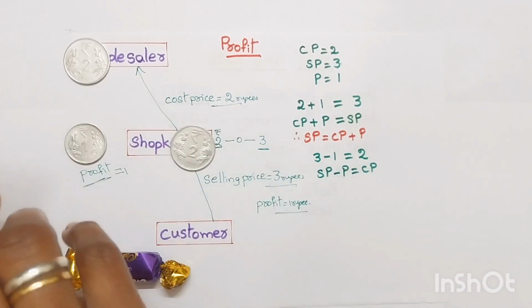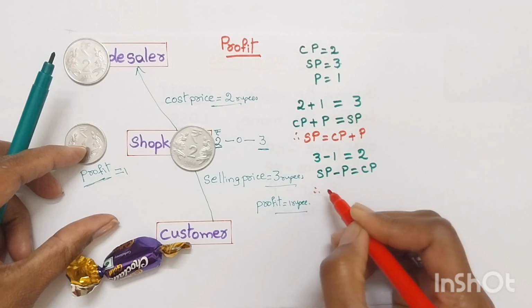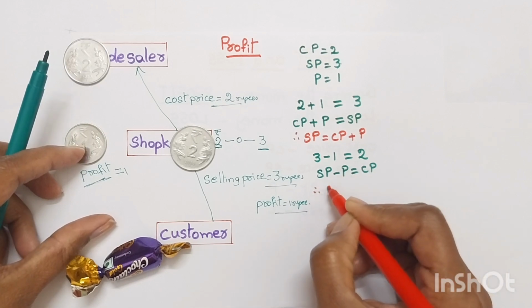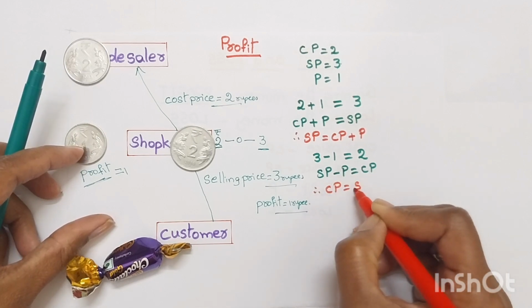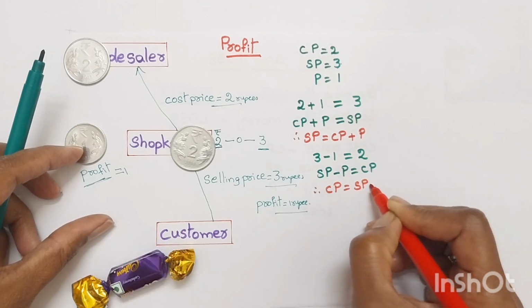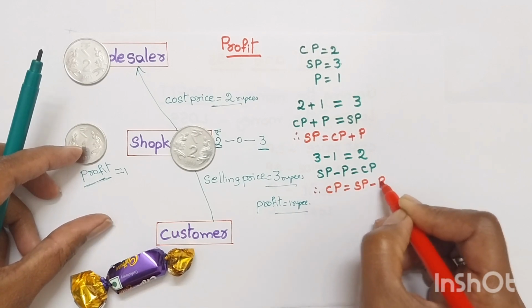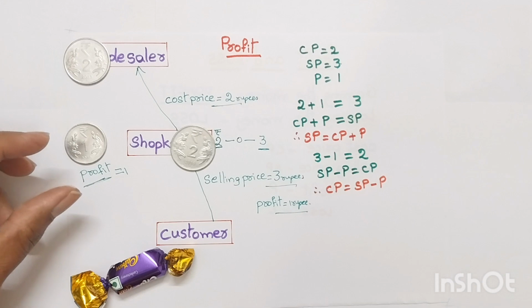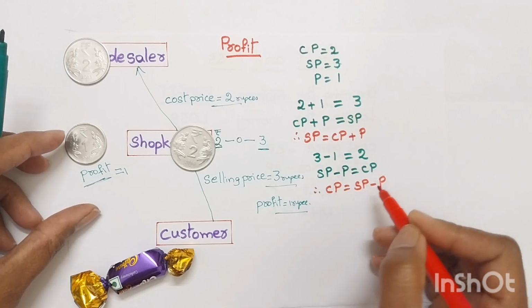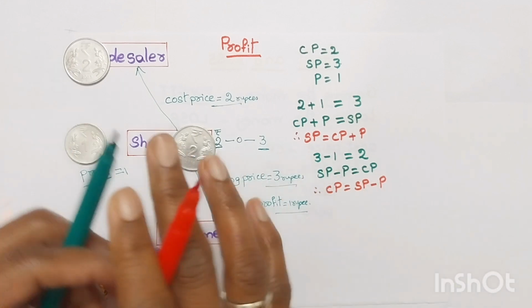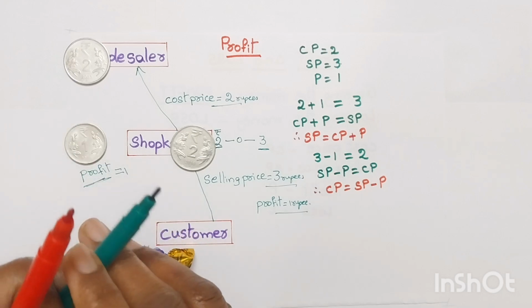So I rewrite the equation: CP equals SP minus P. Cost price equals selling price minus profit. This is the second formula.